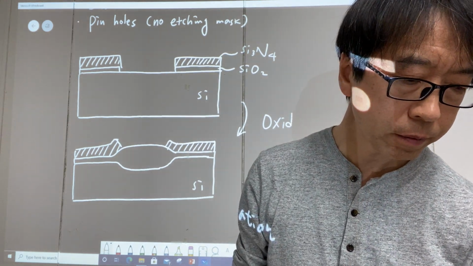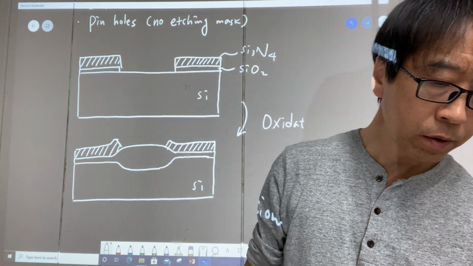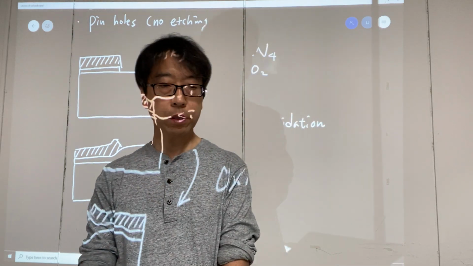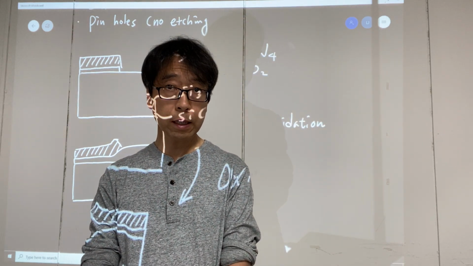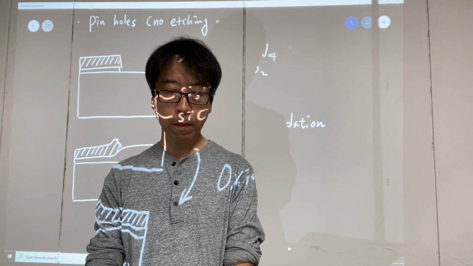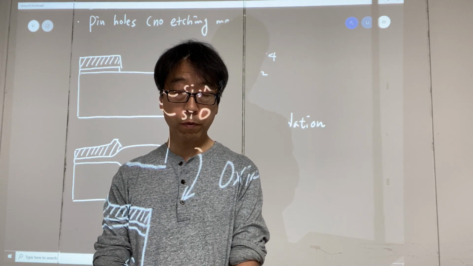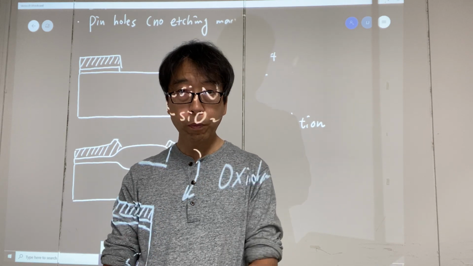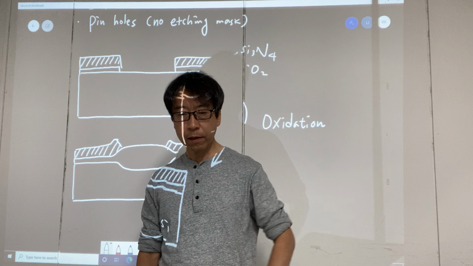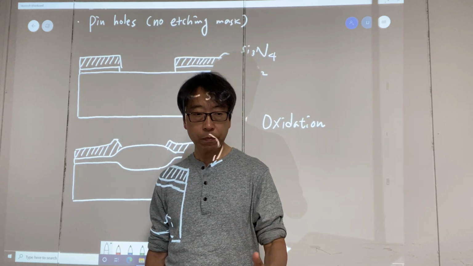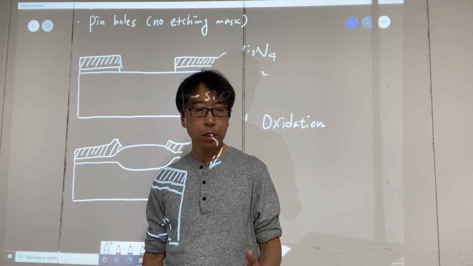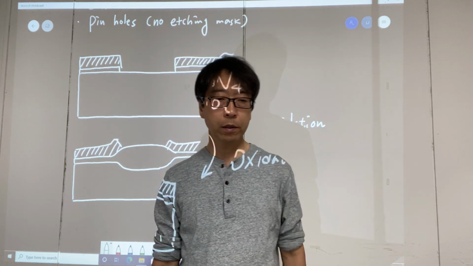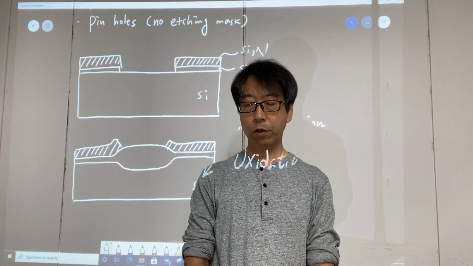All right, finally, another important material that we want to deposit is actually polysilicon. But to explain further about the doping physics, I think I'll just skip that part and cover the polysilicon deposition a little later, when we need to use it for specific goals.